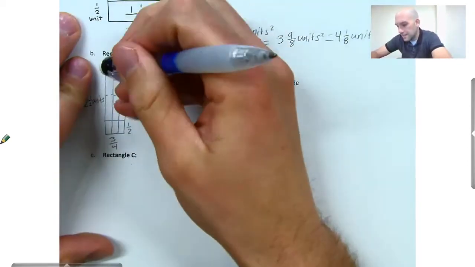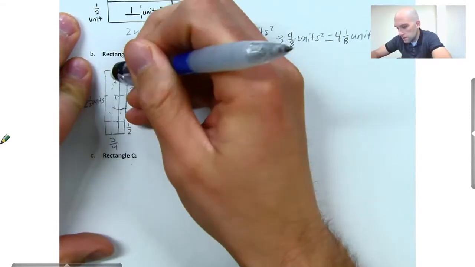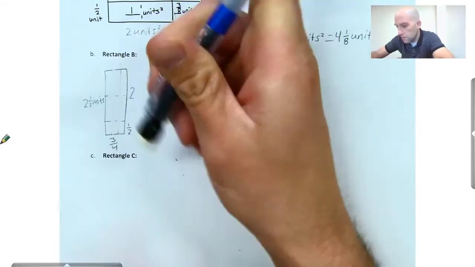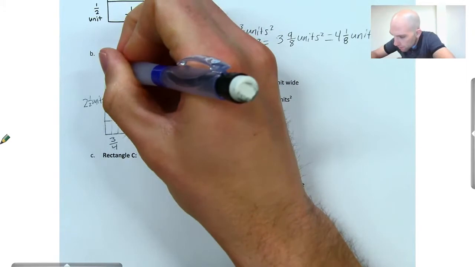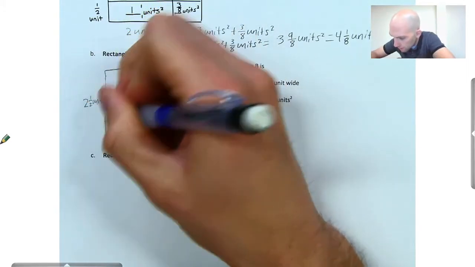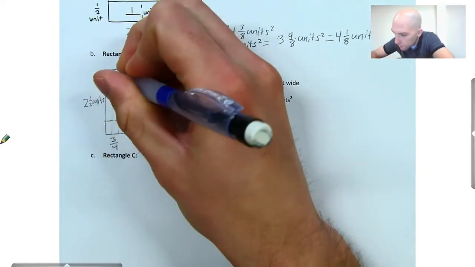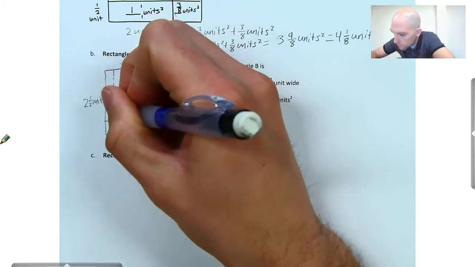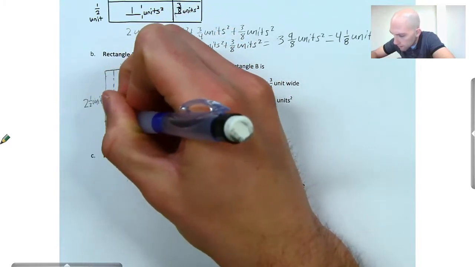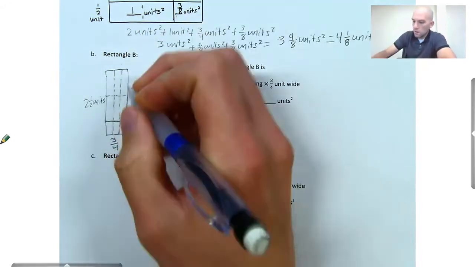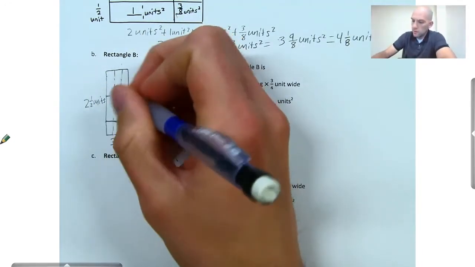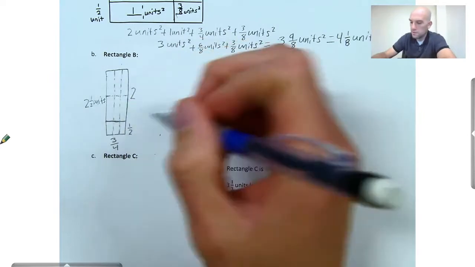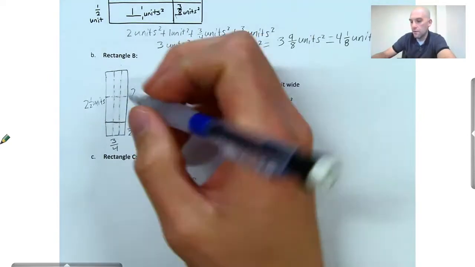And I'm going to dot these lines too, because we're just going to multiply those by 1/4. We're not going to do them all separately. So we're going to do 2 times 3/4, and we're going to do a half times 3/4.